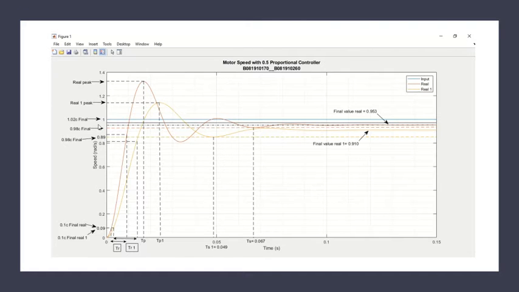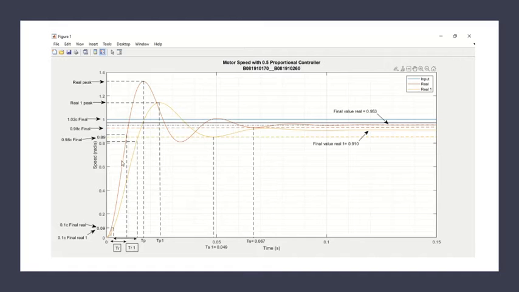Second, 0.98 times 0.9110, I got 0.89, which is the yellow line with dash straight line. This is labeled as TS1. For the x-axis, I got 0.049, and for the y-axis I got 0.89.